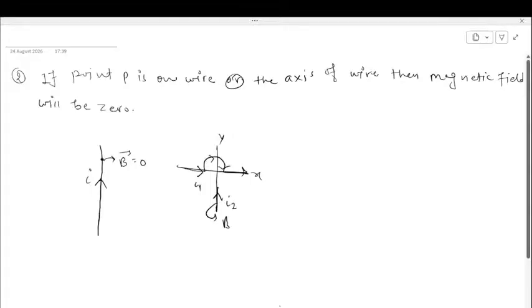The magnetic field due to I2 is 0, and this portion and this portion come at the axis. If we extend this wire, it passes through the axis. So the magnetic field due to this part and this part tends to be 0. This point explains these things.